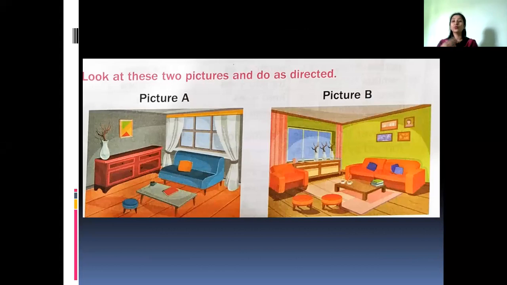Plural means what? More than one. So we can see 4 paintings, 3 cushions, 2 books, 2 cups, 2 stools, 2 sofas. We are joining S or ES, some letters, to make it plural. So in picture A, the singular form is there, and in picture B, the plural form is there.